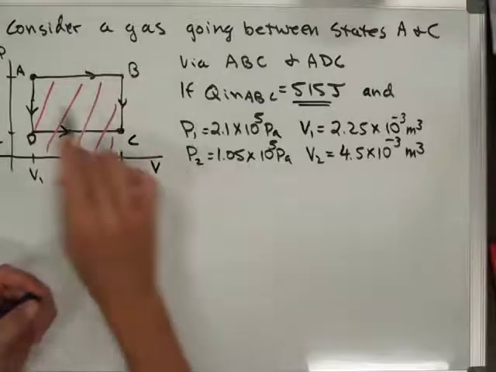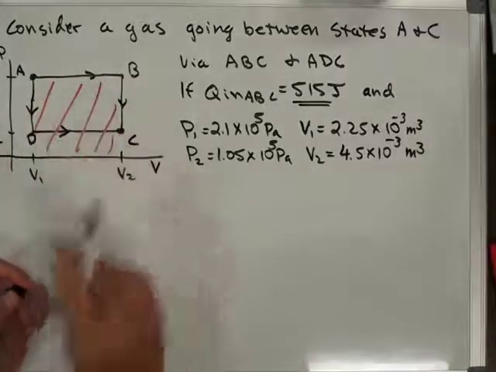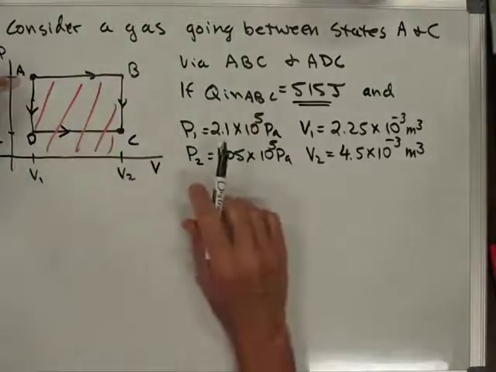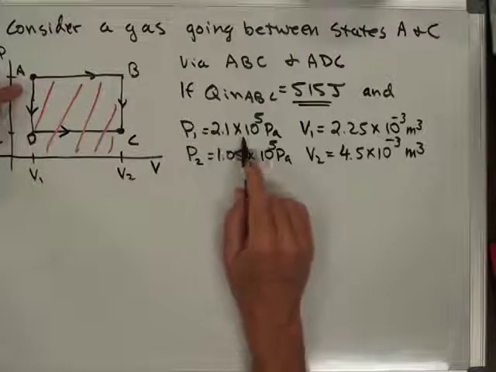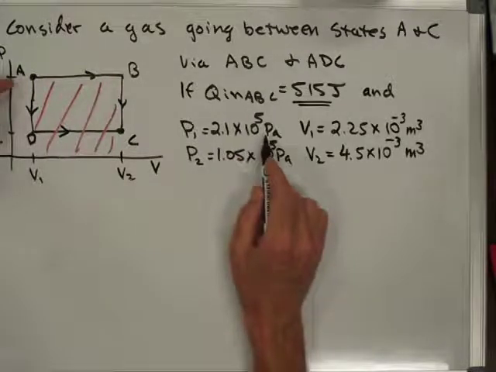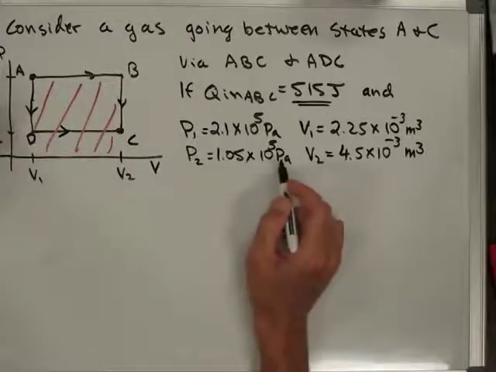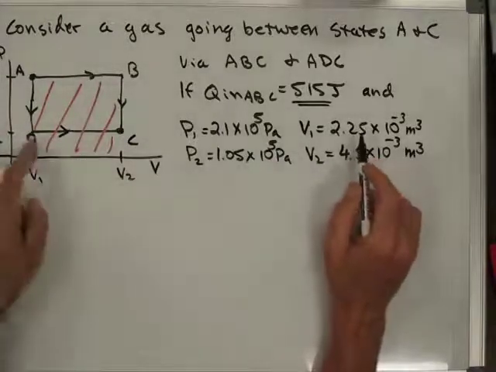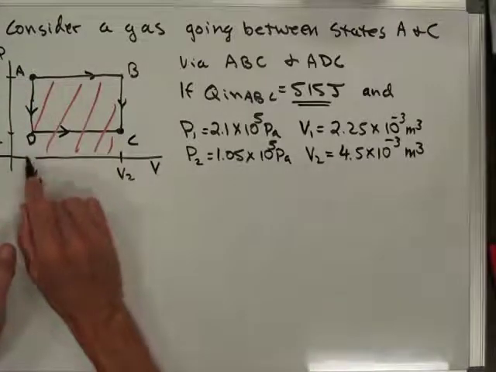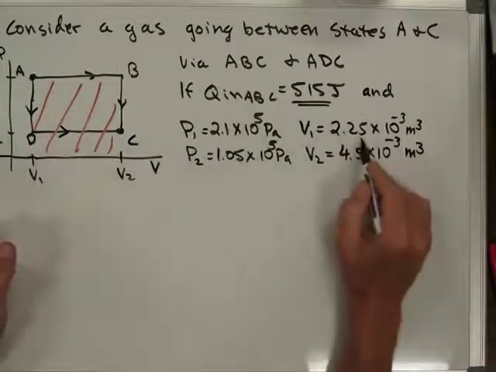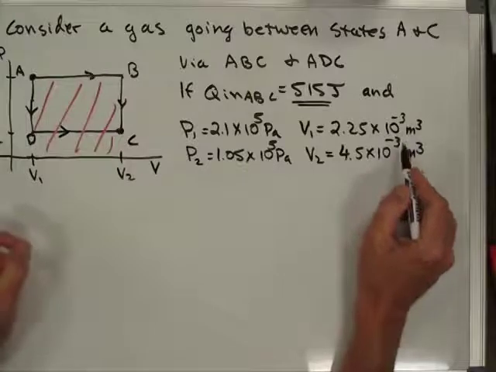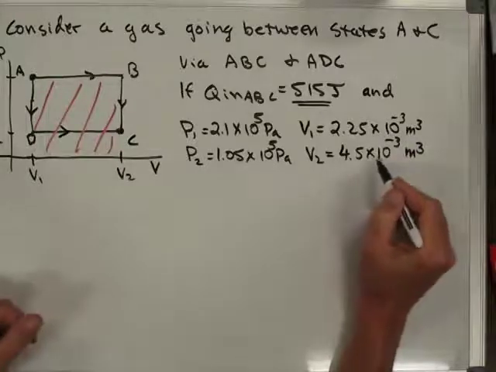Furthermore, it tells us, these are horizontal lines and vertical lines, that P1, the pressure initially at A, is 2.1 times 10 to the 5th pascals. P2, the pressure at C, is 1.05 times 10 to the 5th pascals. V1, the volume at the initial position, is 2.25 times 10 to the minus 3 cubic meters. Similarly, V2 is twice that.